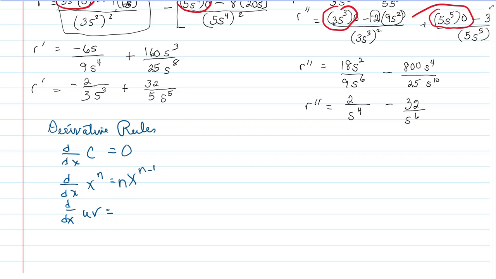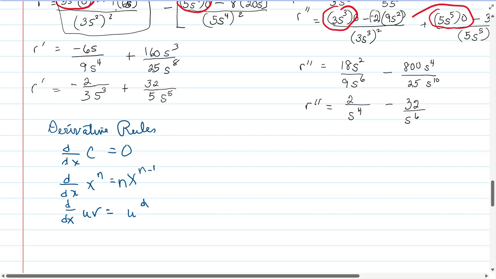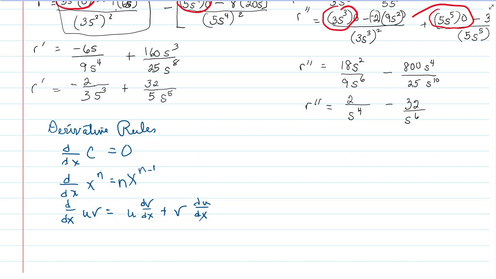So the elegance of it said it was u dv dx plus v du dx. But it doesn't matter which one you do first. But we understand it is an addition, and one of the terms is included as part of that product.